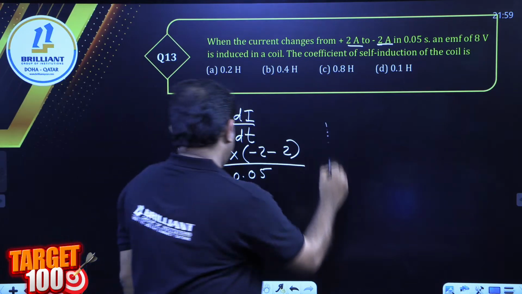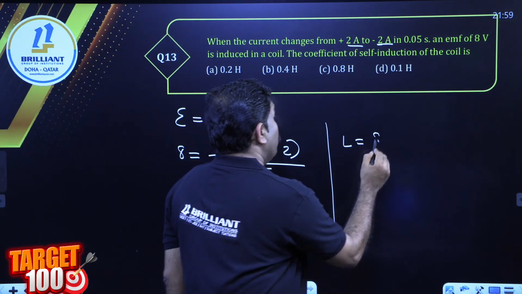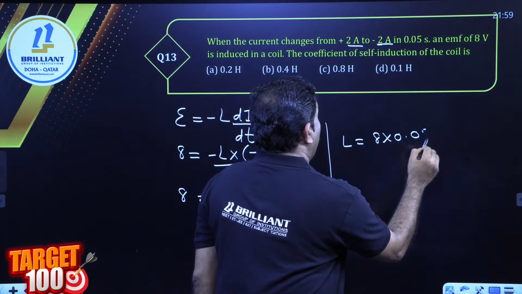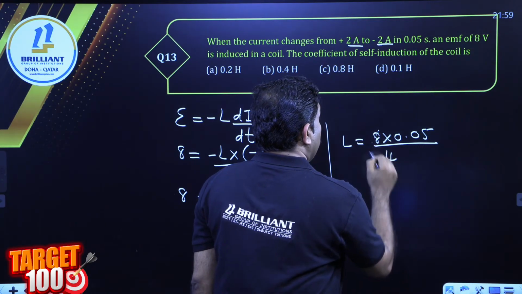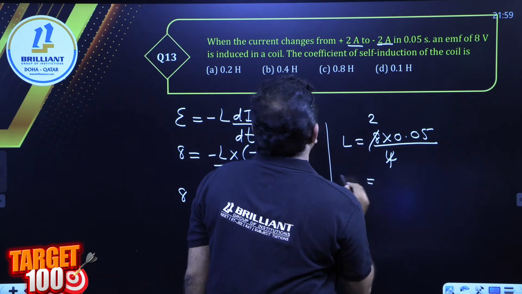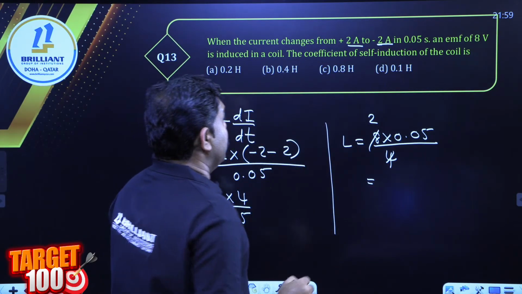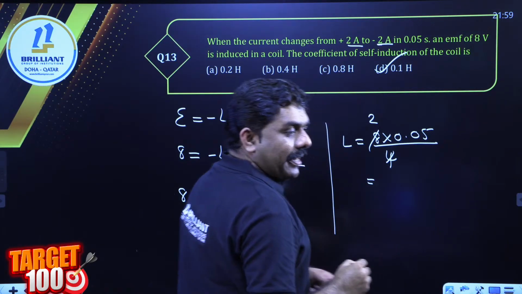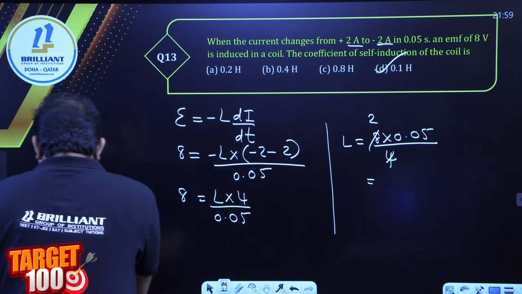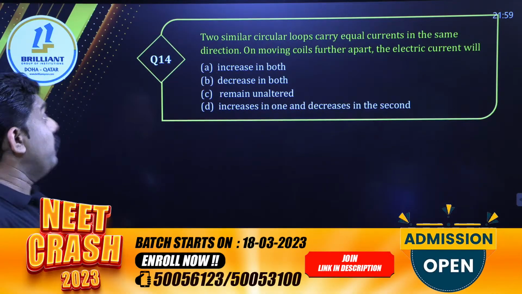So L is equal to 8 into 0.05 divided by 4. Simplifying, 2 into 0.05, so the right answer is 0.1 Henry, option D.